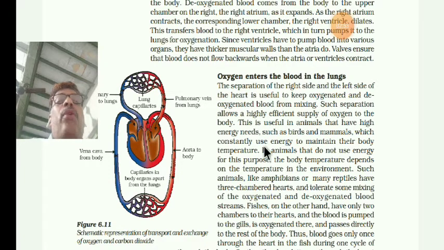You know that cold-blooded animals depend on the environment for temperature regulation. If the environment is cool, the body temperature of the animal is also cool. If the environment is warm, the body temperature of the animal is also warm. This is how cold-blooded animals behave.